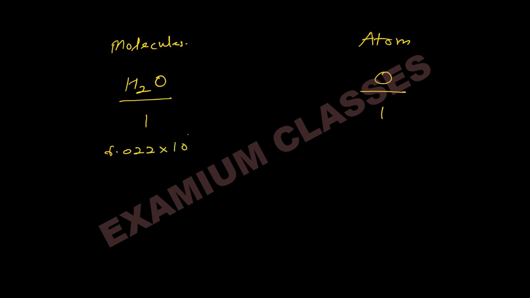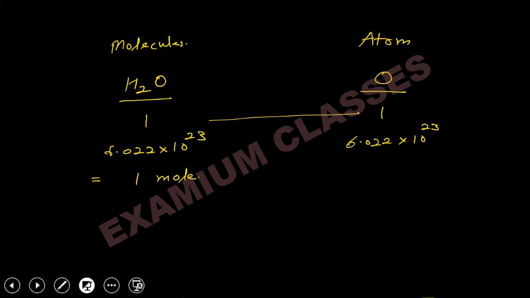It means 6.022 into 10 power 23 molecules will be equal to 1 mole in this case, or not? Yes. And if one molecule is equal to one atom, 6.022 into 10 power 23 molecules will be 6.022 into 10 power 23 oxygen atoms. All atoms. And here 6.022 into 10 power 23 atoms will be equal to one mole.